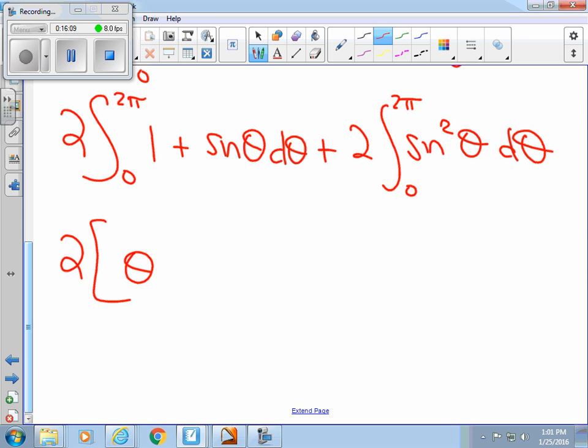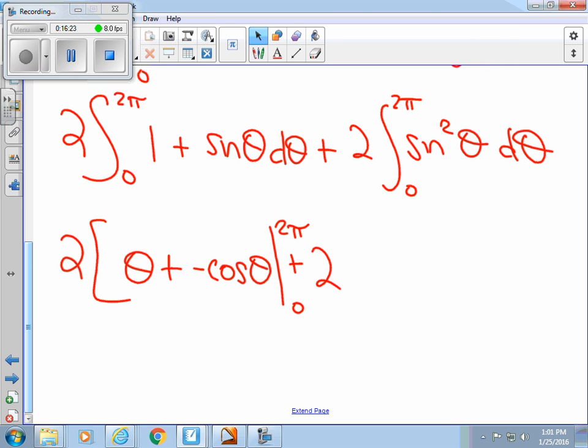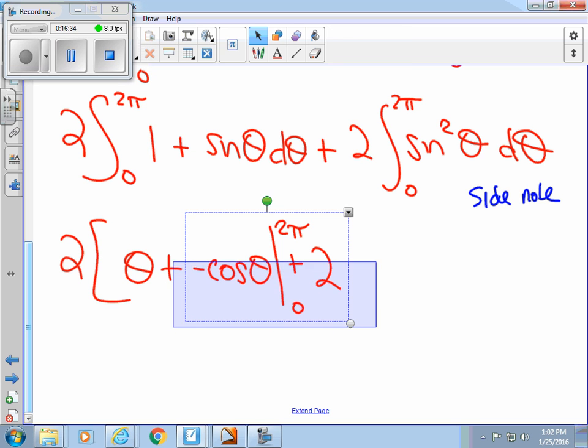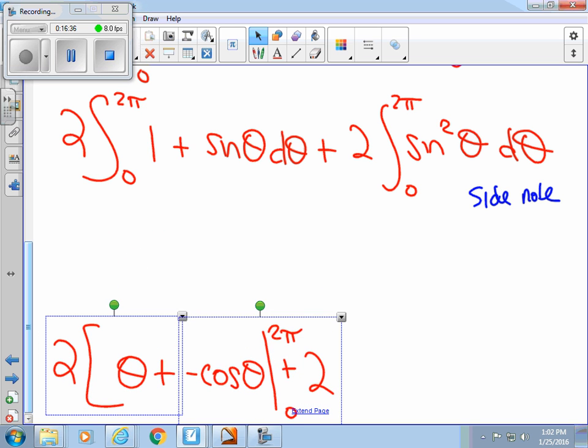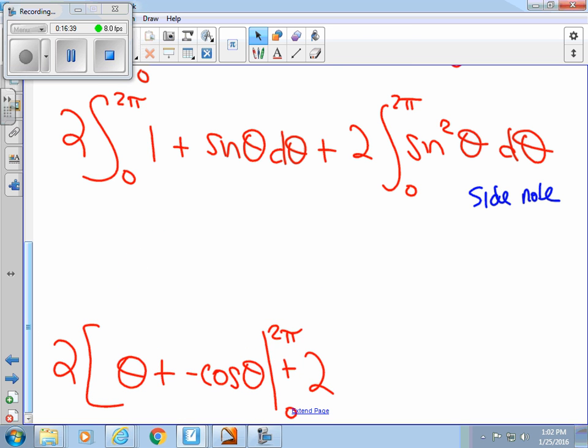Yes, theta in this case. Antiderivative of sine. Okay, so I'm going to table that for a moment and go work with the antiderivative of sine squared of theta.